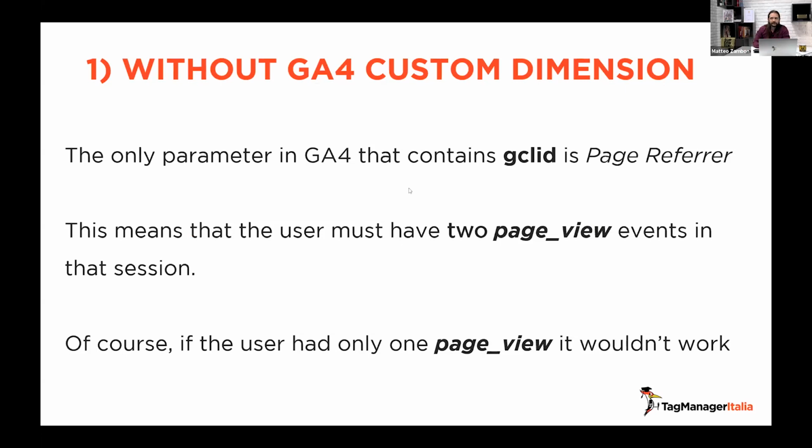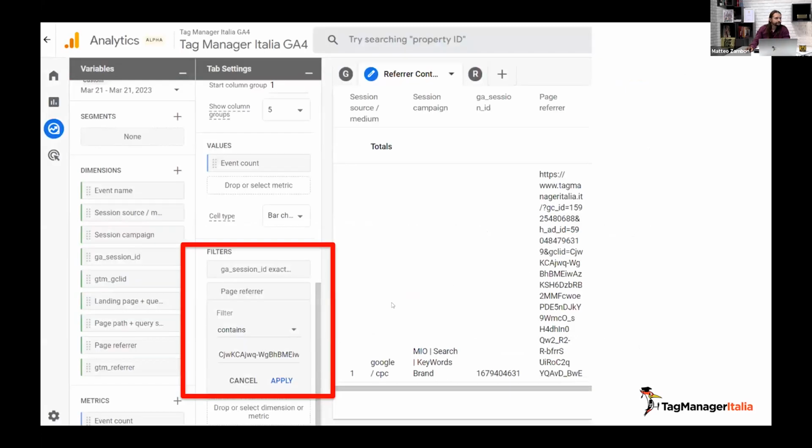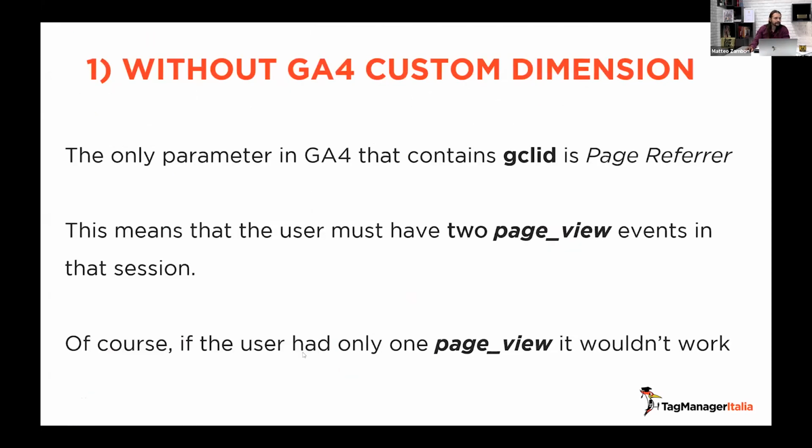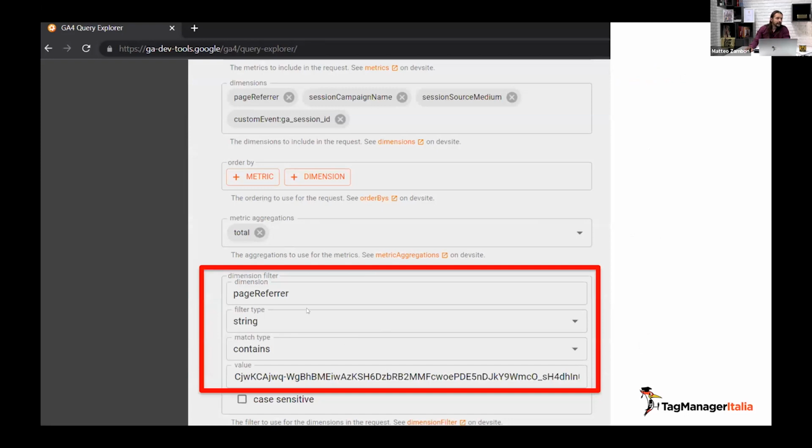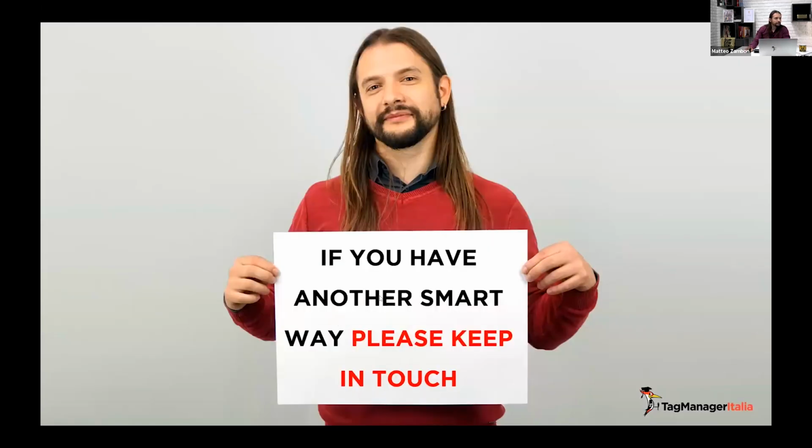In this way you can filter by referral page and use that information to understand what the campaign name is. So it works, of course, in exploration too, but you can use it when the user just has a unique page view. So the problem is this. And by API, of course, it works.